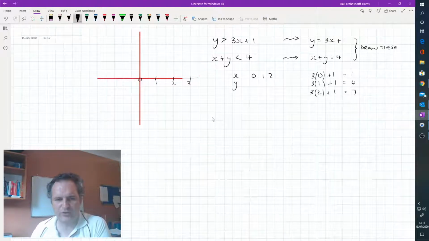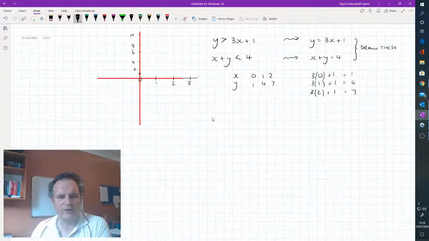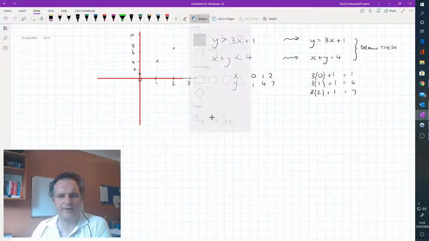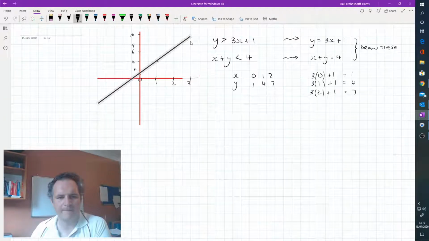That tells me 7 is quite useful to go up to, so let's go up in 2s. 2, 4, 6, 8, 10. So we're going to go 0 went to 1, 4, 7, straight line that pierces all of those, something like that.